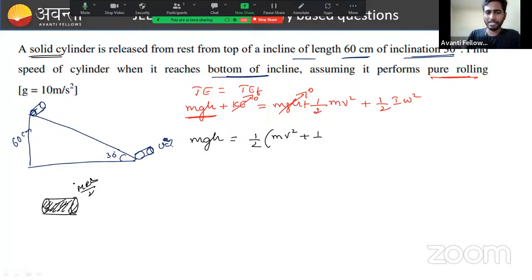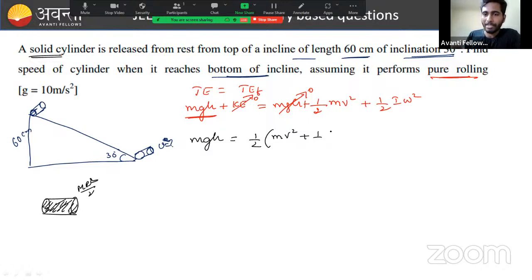Moment of inertia for a disk is mr square by 2, for a ring it is mr square. Just a minute, for confirmation, I'm checking. Exactly, it is mr square by 2.